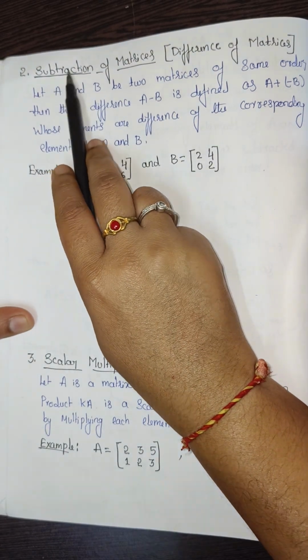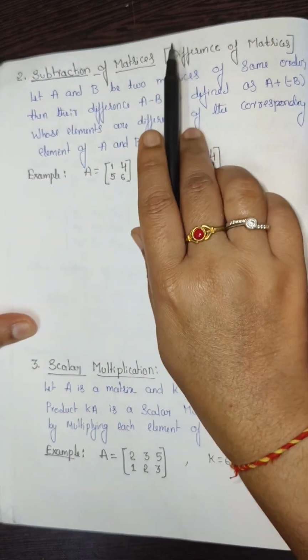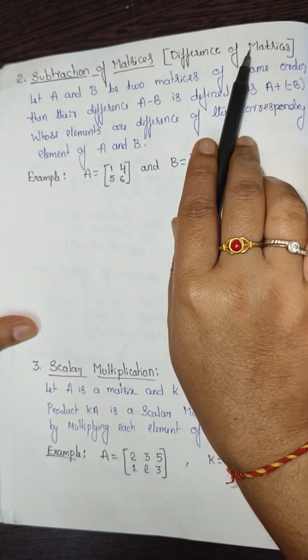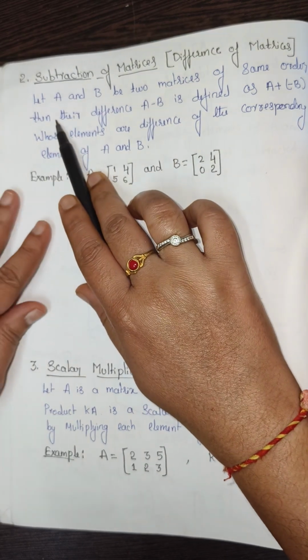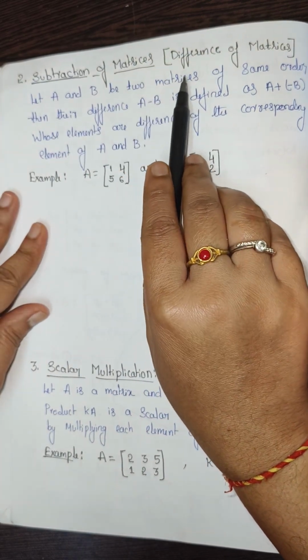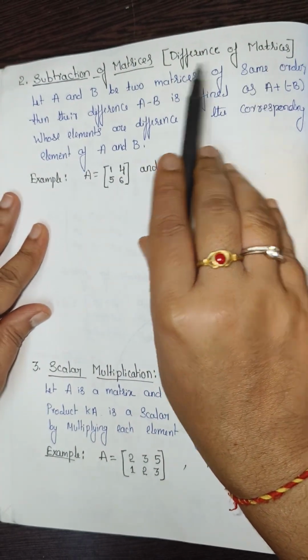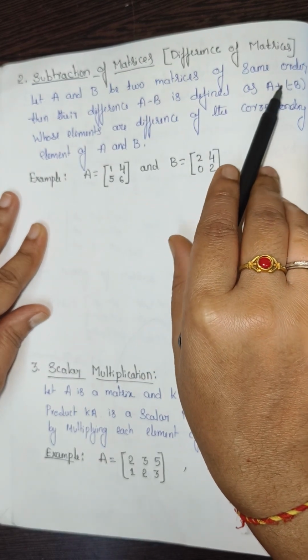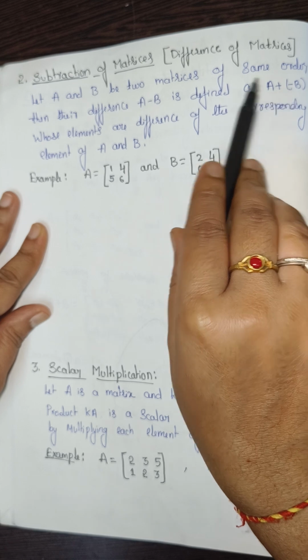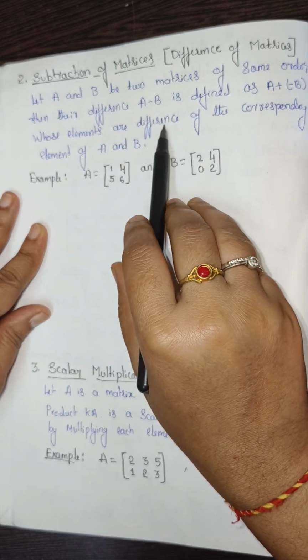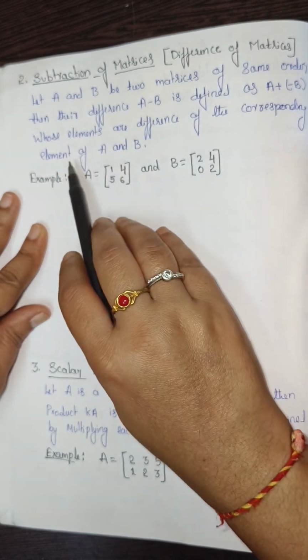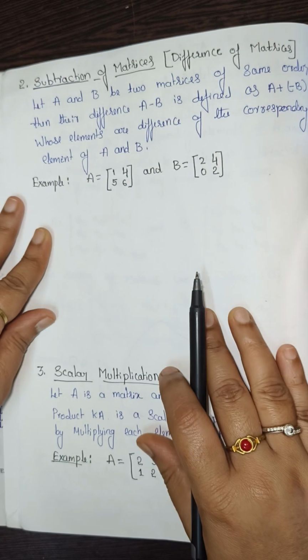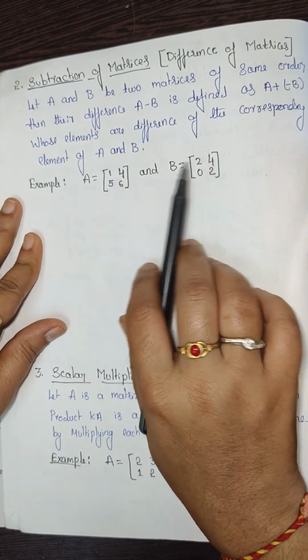Next is subtraction of matrices. Otherwise you can call it the difference of matrices also. Here also the same thing. Let A and B be two matrices of the same order, and their difference A minus B is defined as A plus of minus B, whose elements are the difference of the corresponding elements of A and B. Now see, here also the same process.